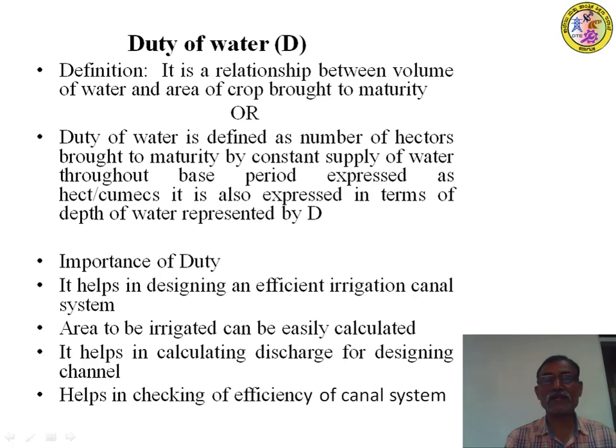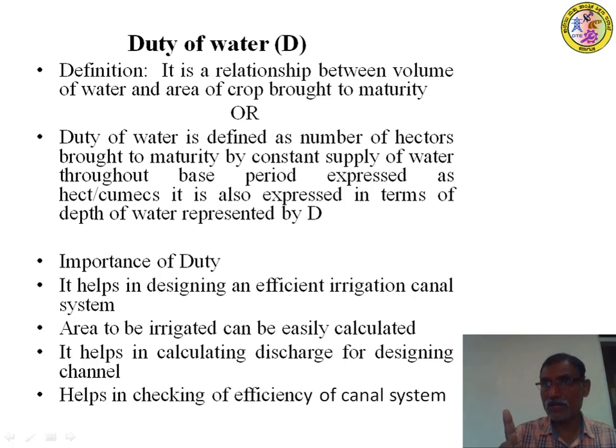It is also expressed in terms of depth of water, represented by D. Yes, duty is defined as D equals A by Q, that is, the area brought under cultivation for 1 cumec of discharge.